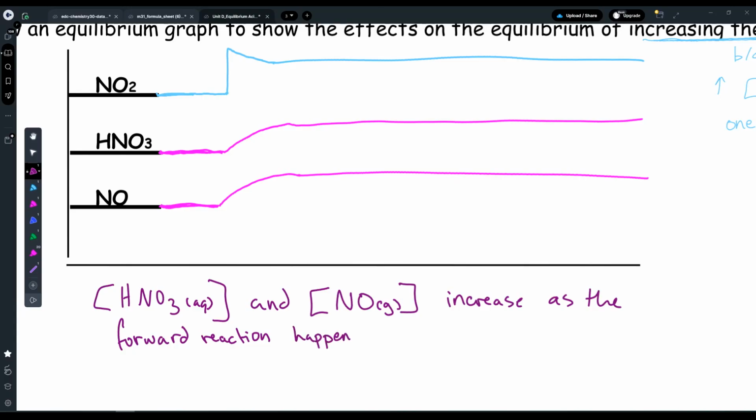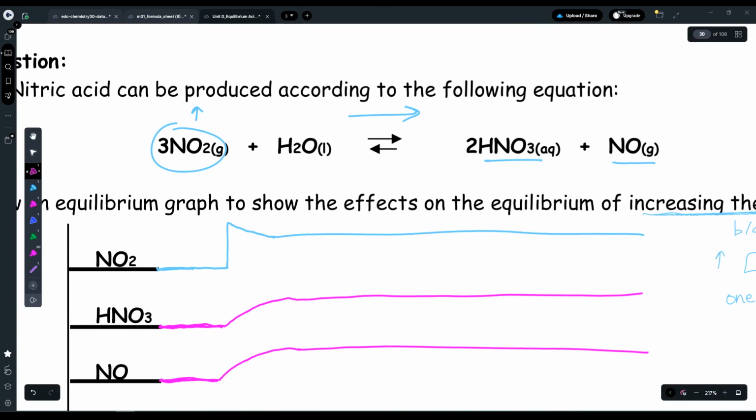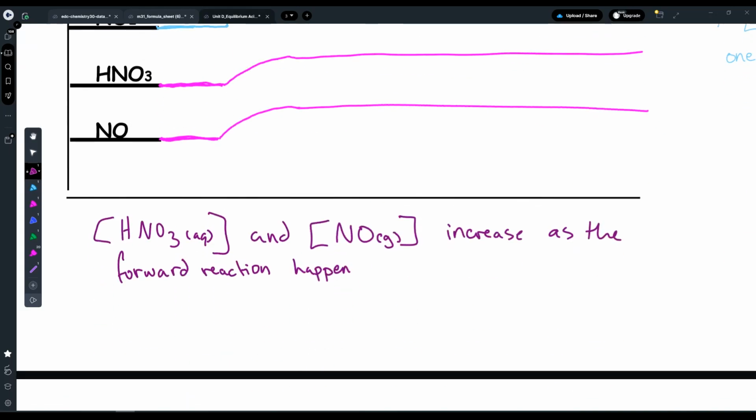And it happens because the equilibrium shifted to the right to use up some of that added nitrogen dioxide.